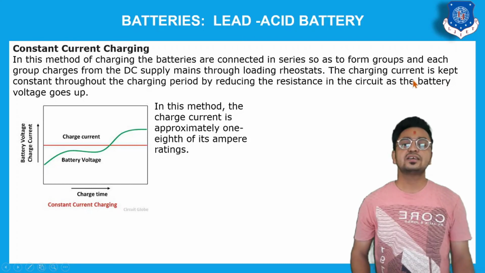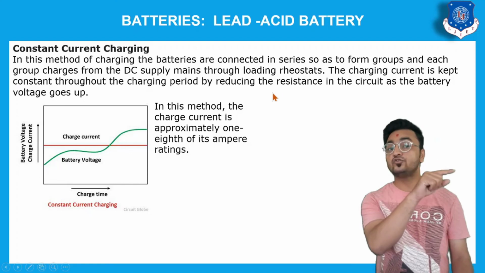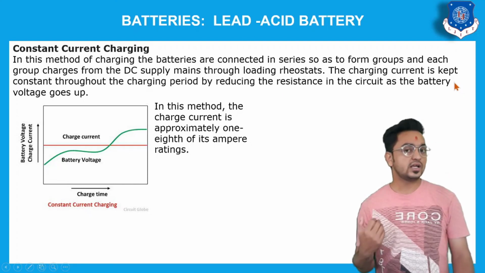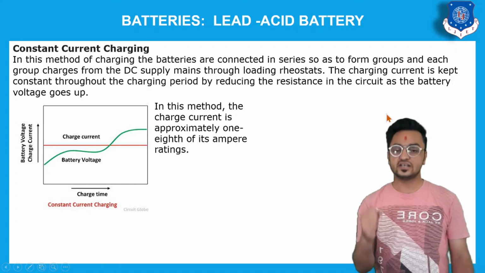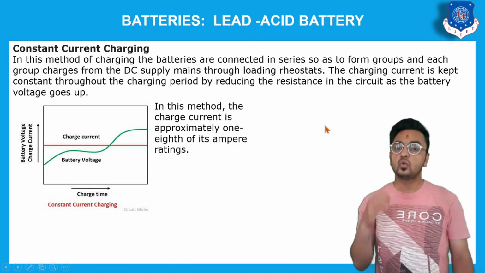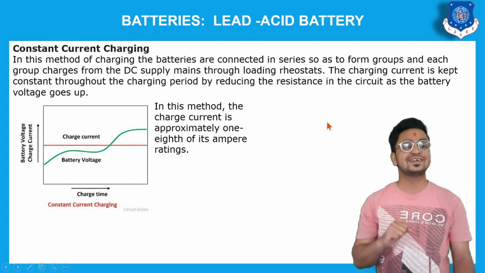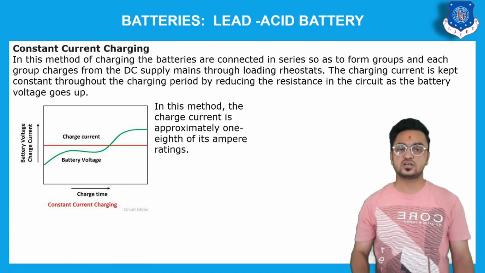Now, the charging current is kept constant throughout the charging period by reducing the resistance in the circuit. So, as I mentioned, when the voltage goes up, it will try to reduce the charging current, but we will reduce the amount of resistance provided by the rheostat in that circuit, and by reducing resistance we will again maintain the constant current.